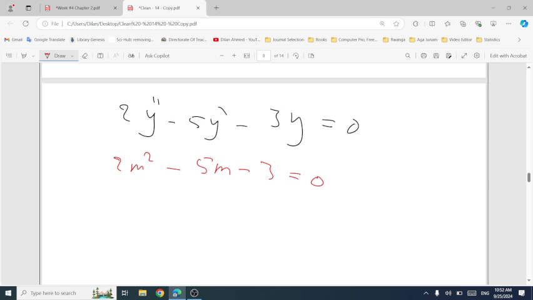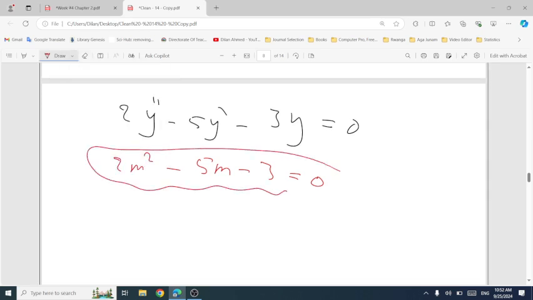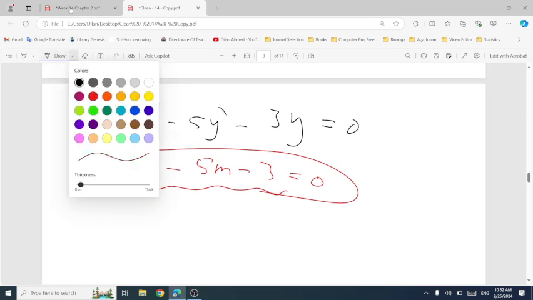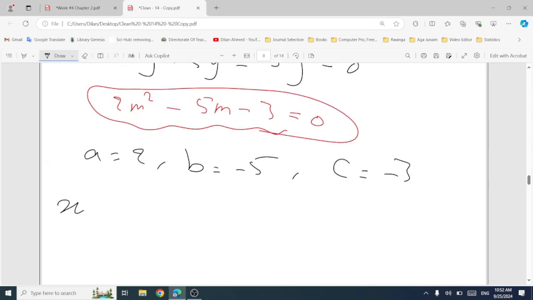Okay. So how do we solve this one? That equation is equal to what? Quadratic, ABC. So where's A? Where's B? Minus 5. Where's C? Minus 3. How do we get m1 and m2, guys?